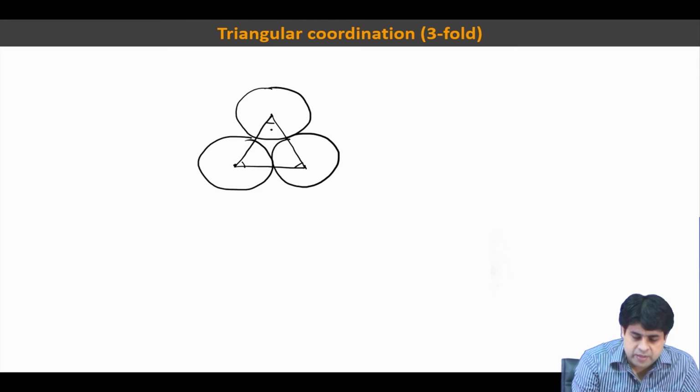So, you have a 60-degree angle and you have some space in between, and in this space you basically have a cation.